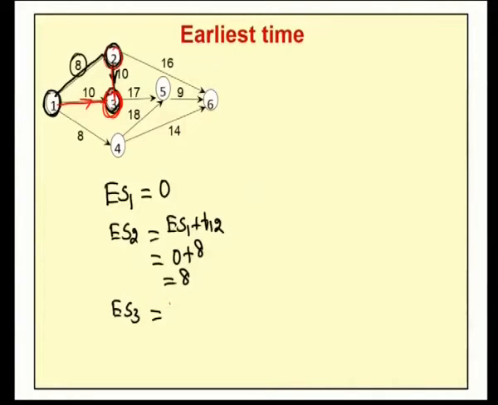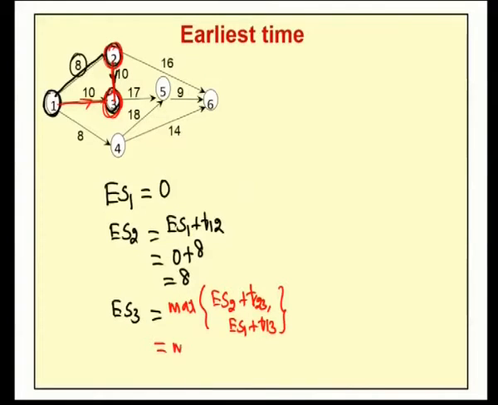Therefore ES3 is the maximum of, for the incoming task 2 to 3, ES2 plus T23, and for the incoming task 1 to 3, ES1 plus T13. The maximum among these two is our earliest time for node 3.